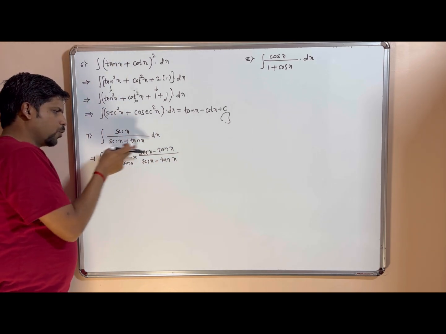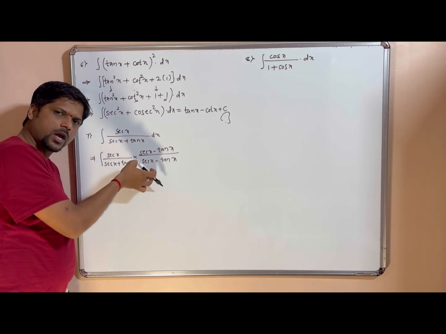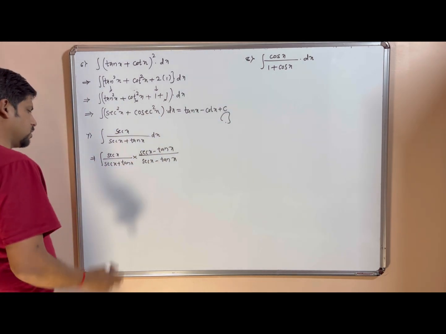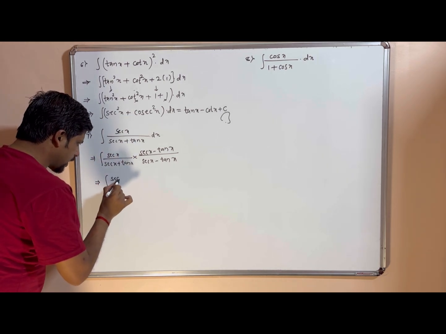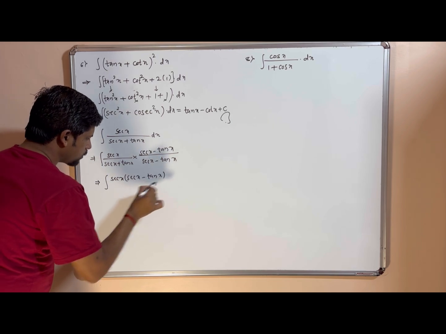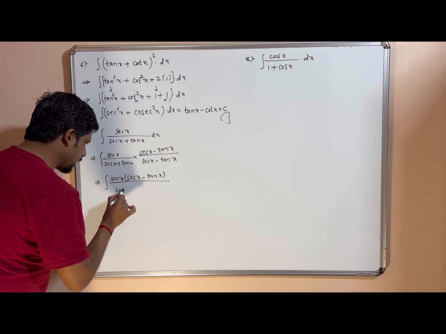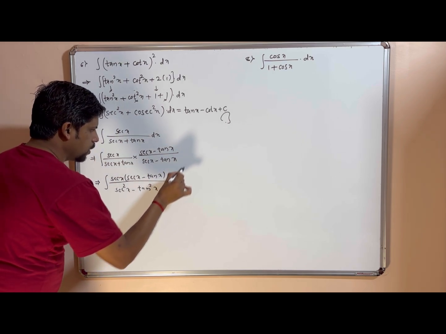Now multiply numerator and denominator. Denominator is in the form of a plus b into a minus b, that is a square minus b square. So that can be written as integration of numerator sec x into sec x minus tan x divided by sec square x minus tan square x into dx.